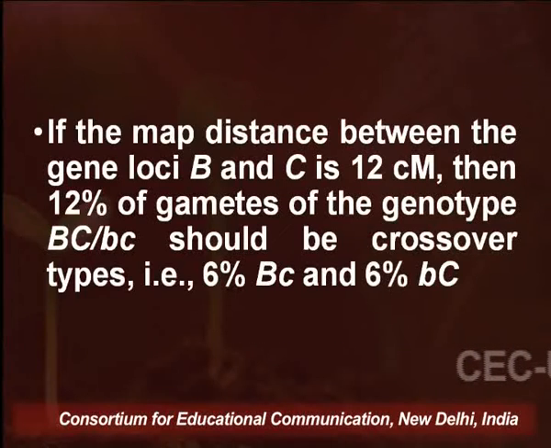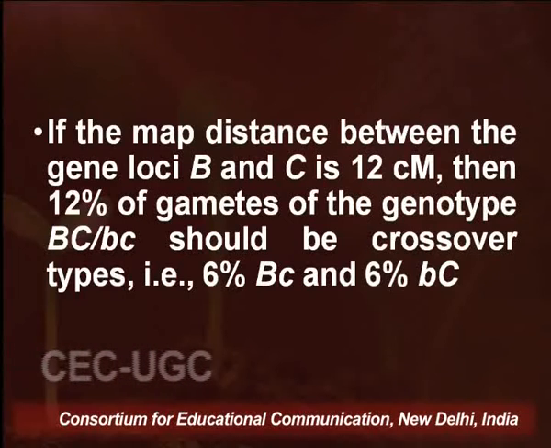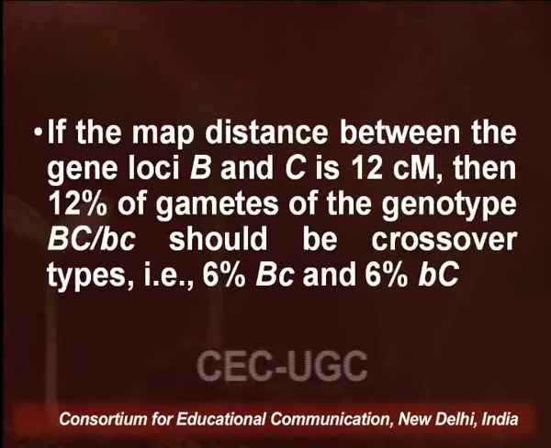So that means 6% of capital B small c and 6% of small b small c. I hope I have proved the point. And each chiasma, on the other hand, produces only 50% of the crossover products, and 50% crossover would therefore be equivalent to 50 map units or 50 centimorgans.